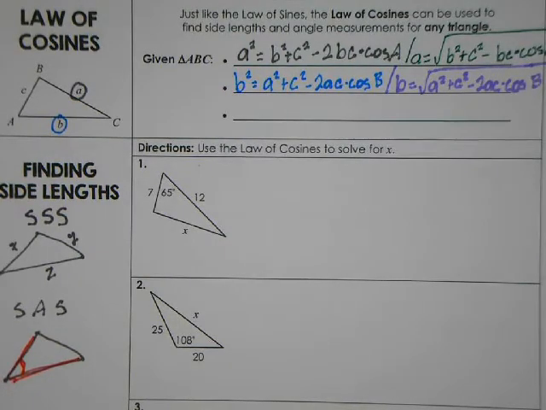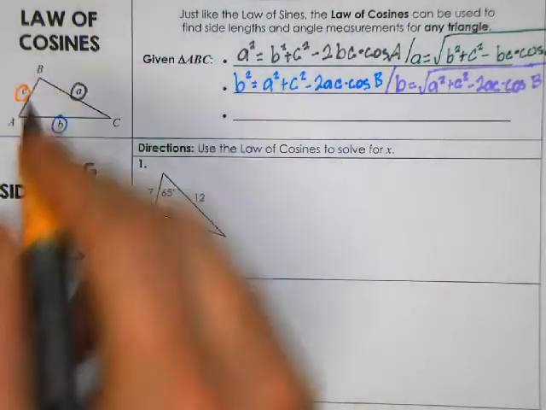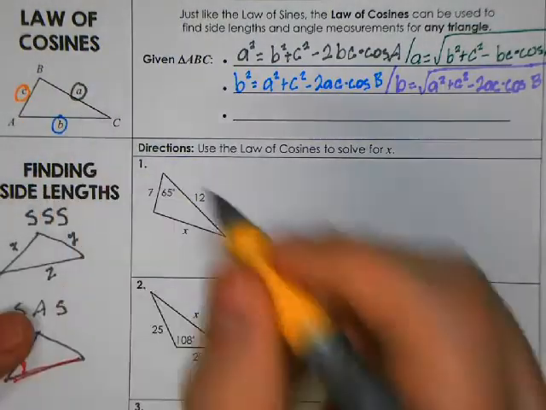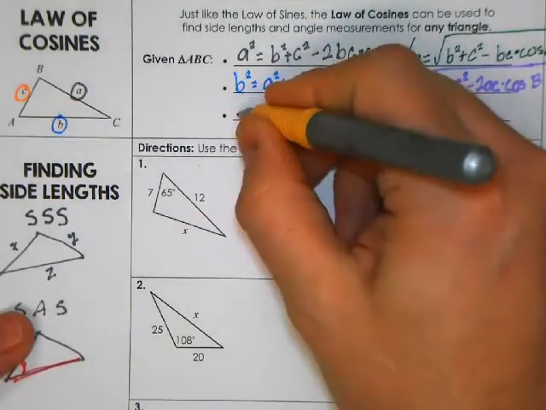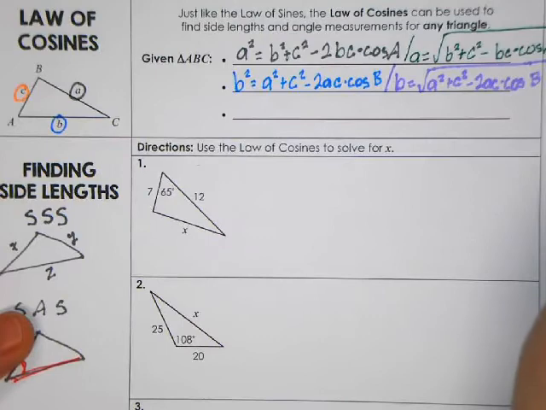And the last one that we'll take a look at here will be if they give us side C, meaning they would have had to give us side A and side B, and the included angle in this case would be C. So here you could probably guess how this last one is going to be written.